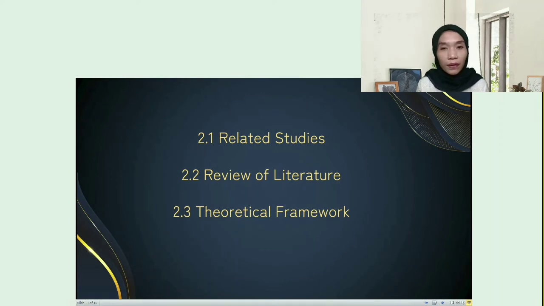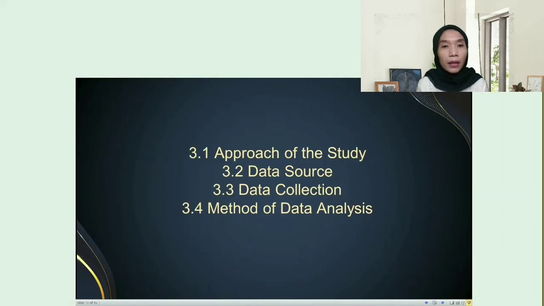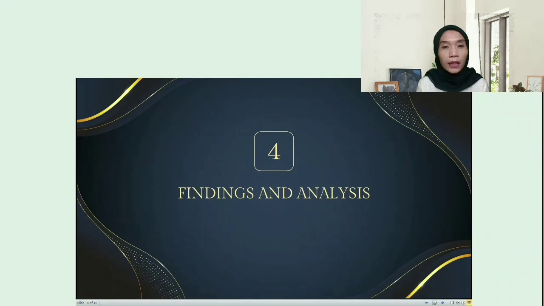And then you have the review of literature to review what has been done about the issue and also the literary work. And then you have the theoretical framework. Then research methodology, where you have 4 subchapters, including methods of data analysis. And then finally, findings and analysis.